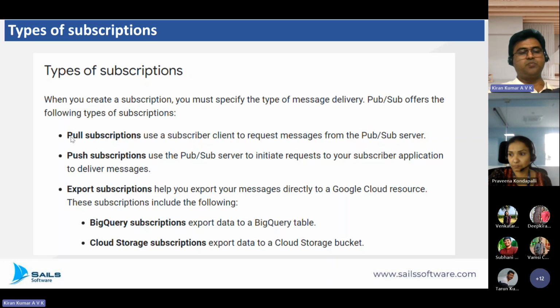Okay, so the pull subscriptions, right? The subscriber pulls the messages from the subscription, to which the messages are forwarded from the topic. So this is what the pull subscription is.